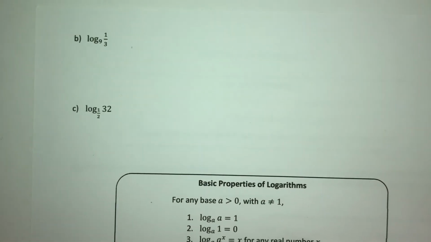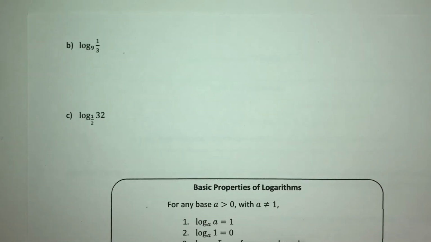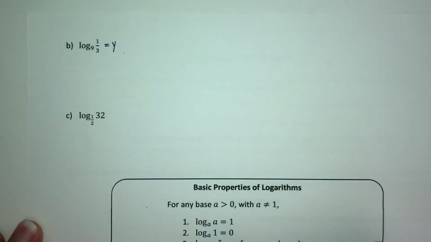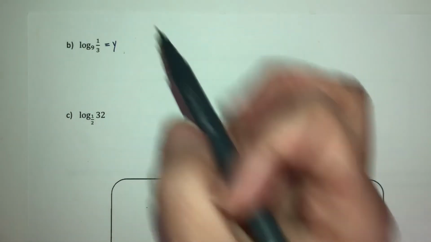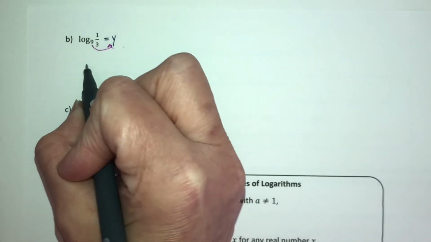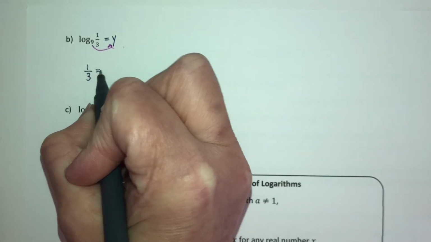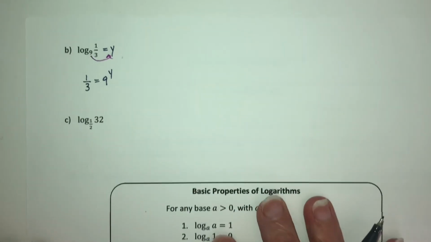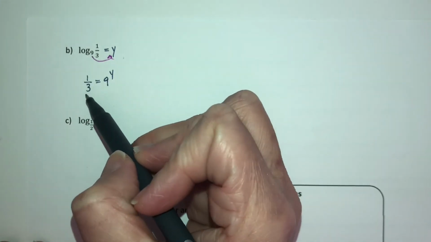Now let's do the same thing here. Log base 9 of 1/3. I'm going to set this equal to y. And then we're going to move the 9 over to here. So we have 1/3 equal to 9 to the y power. Now I can write 1/3 as a power of 3.